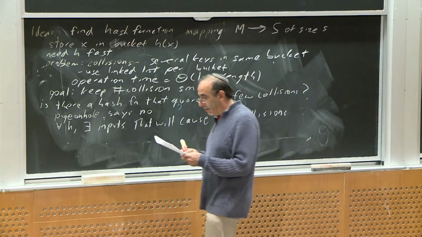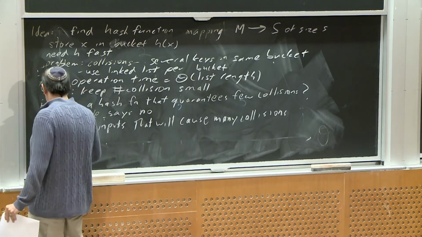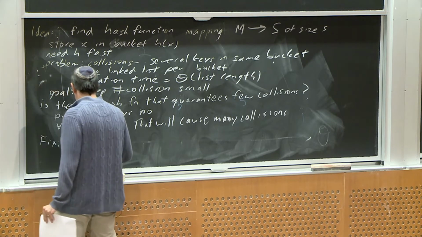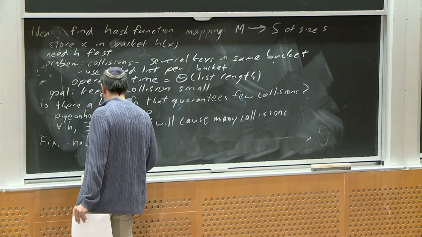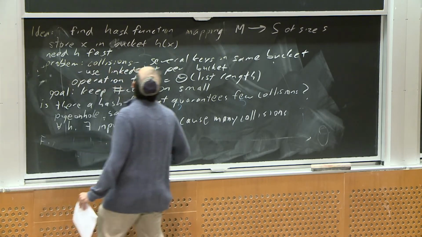Yes? So how do we fix this? Our fix is going to be to look for what's called a hash family. So let me put this on a different board.